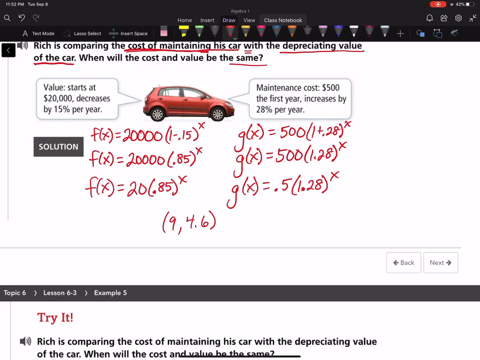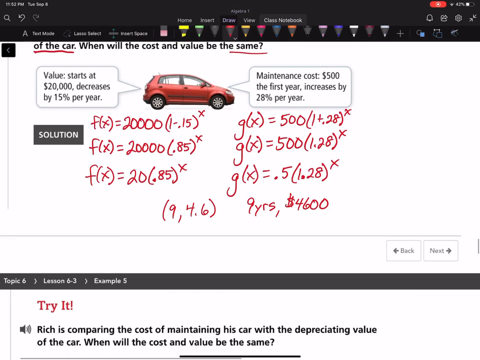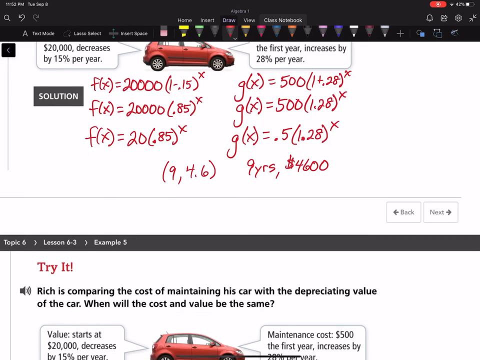So after 9 years, it'll cost $4,600 to take care of, as well as that's how much it will be valued at. If you wanted to sell it, you could sell it for $4,600. So when will the cost and value be about the same? Both about $4,600 in 9 years.